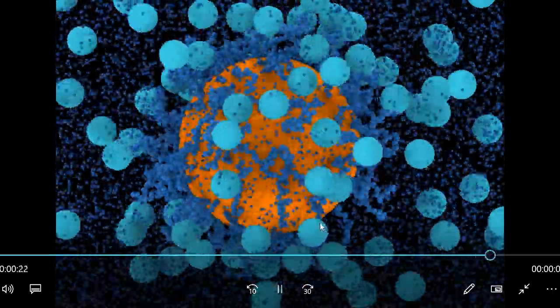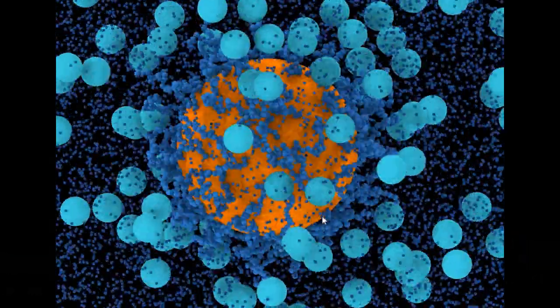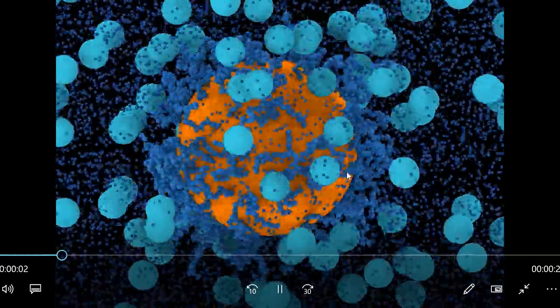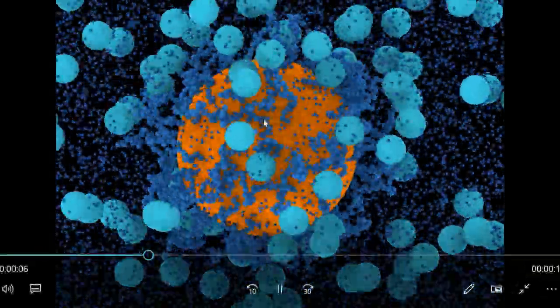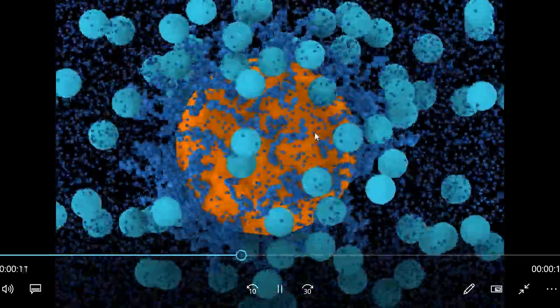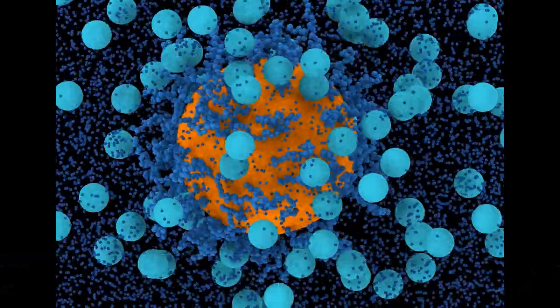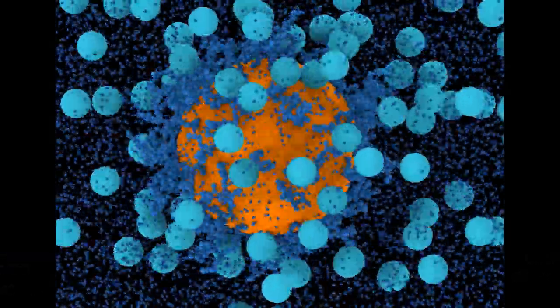So as you can see, there are lots of time and length scales involved in one simple problem, even though we have employed a coarse-grain model and not an atomistic model, which is of course more expensive in terms of computation.